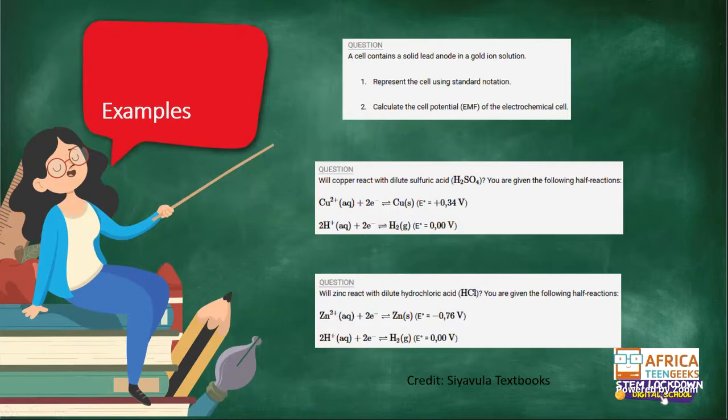And so the first one says a cell contains a solid lead anode in a gold ion solution. 1, represent the cell using standard notation, and then 2, calculate the cell potential of the electrochemical cell. So I'm just going to find this one on my whiteboard.